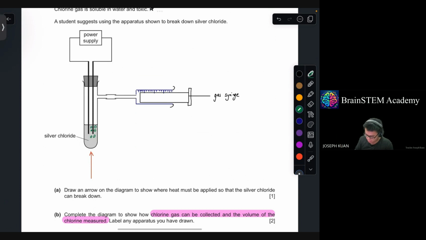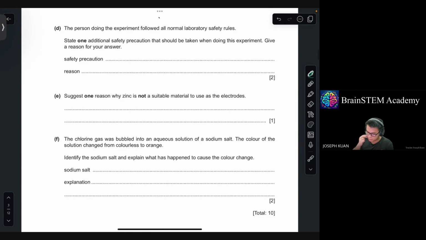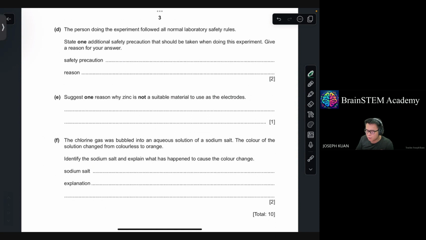All right, so you will see effervescence here that is due to the chlorine gas that is formed. Right, moving on to D, the person doing the experiment followed all normal laboratory safety rules. State 1 additional safety precaution that should be taken when doing this experiment. Give a reason for your answer.